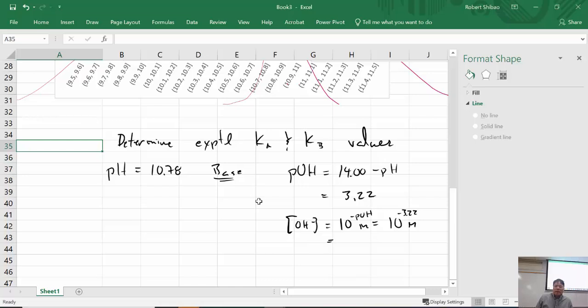I want to plug that into the calculator. 10 to the negative 3.22 gives me a hydroxide ion concentration of 0.0006.